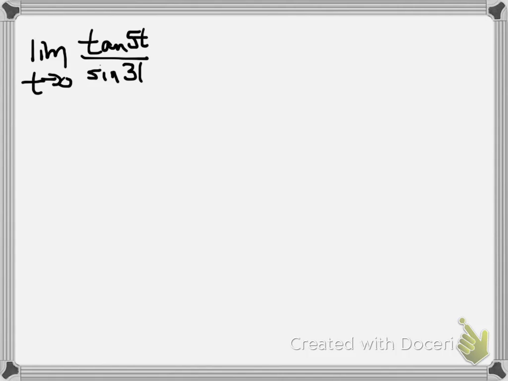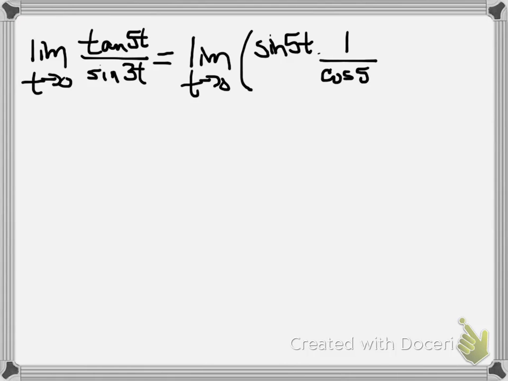That's a pretty standard strategy, so let's look at something a little more complicated. Let's take the limit as t goes to 0 of the tangent of 5t over sine of 3t. Well, we know about limits involving sine, so let's rewrite tangent in terms of sine and cosine. We have the limit as t goes to 0 of sine of 5t over cosine of 5t times 1 over sine of 3t.